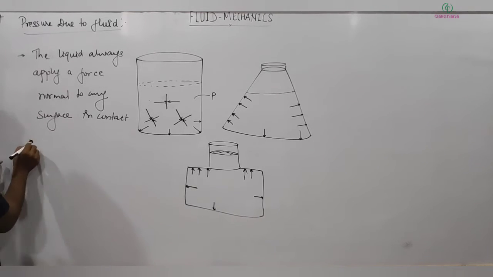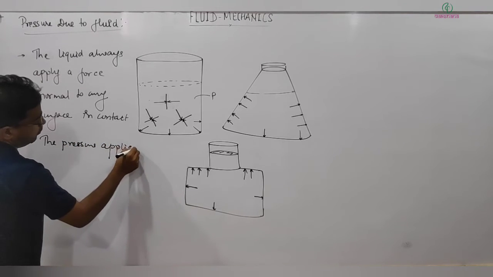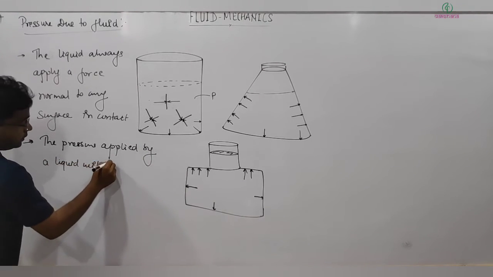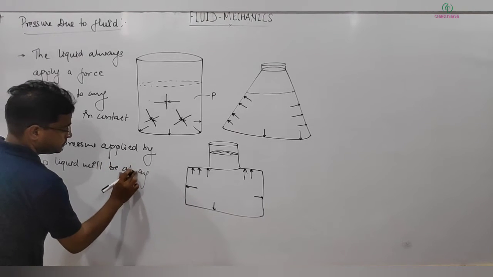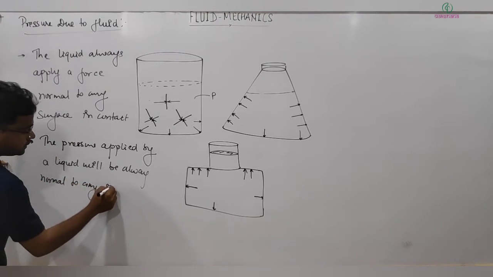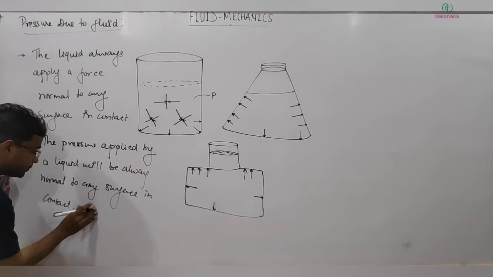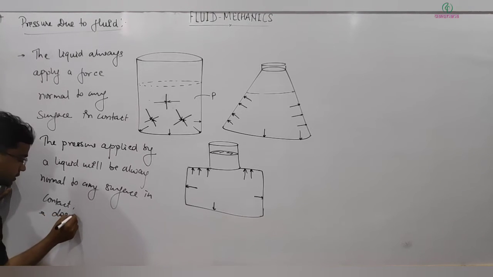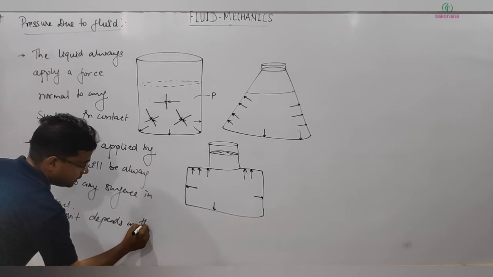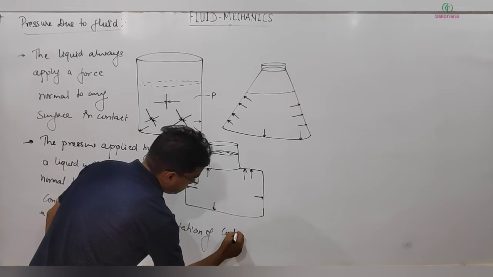So that means I can say the pressure applied by a liquid will always be normal to any surface in contact, and does not depend on the orientation of the contacting surface.